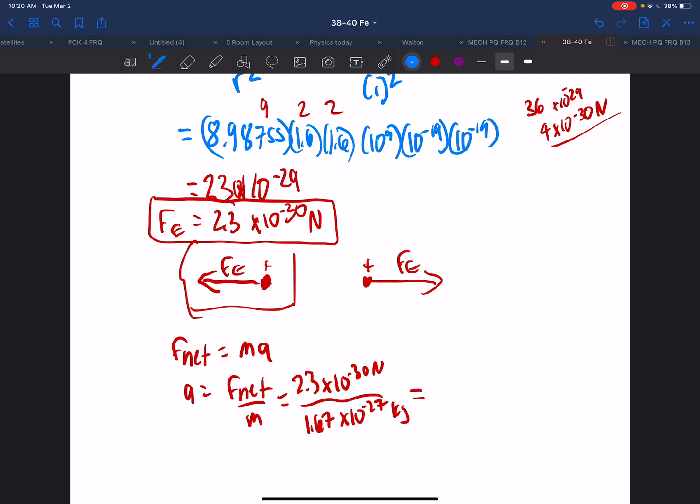And if we do an estimate, I'd say this is about 2 and this is about 2, so that's 1. So we're looking at an estimate of about 1 times 10 to the 3rd meters per second squared. Whoa, 1,000 meters per second squared, a kilometer per second squared. That's pretty astounding.